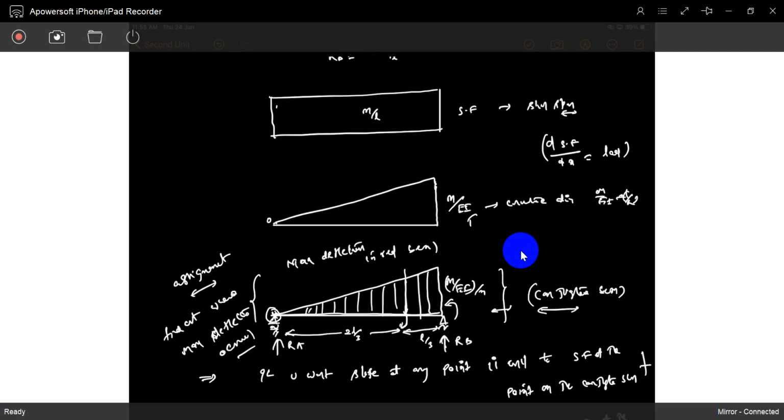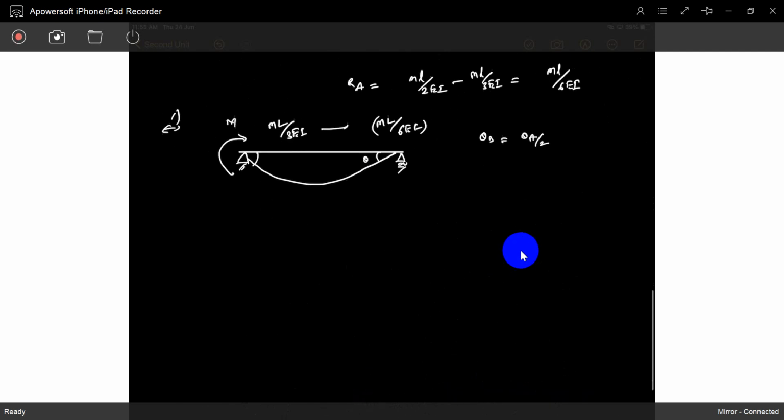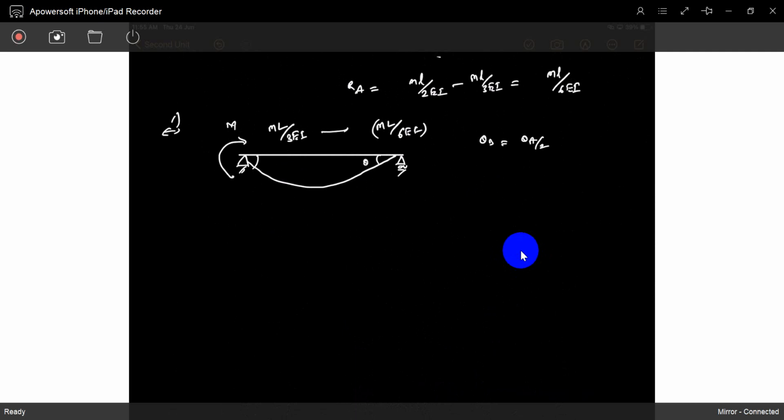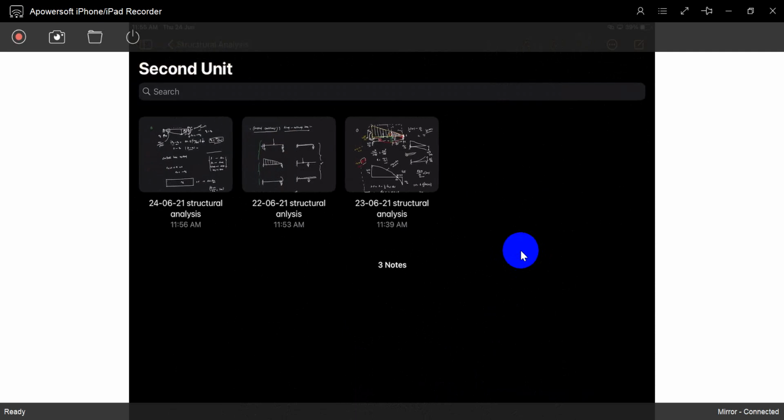Now you will see, yesterday we solved so many problems based on the deflection. Now those problems I will solve again in a different manner based on the slope.